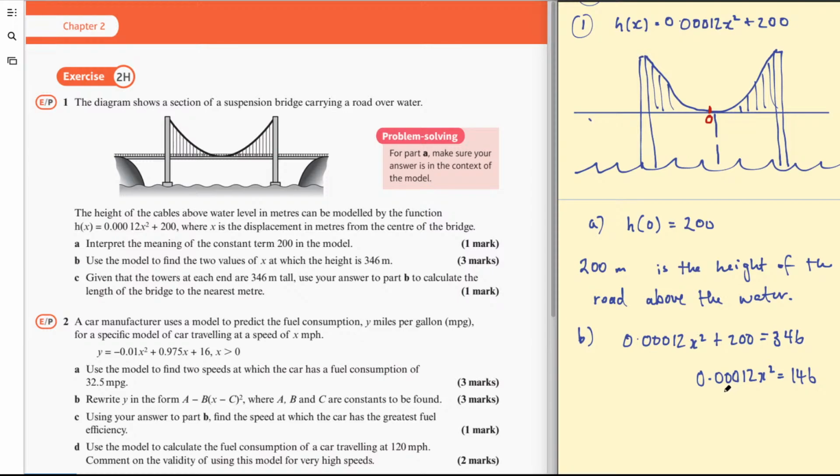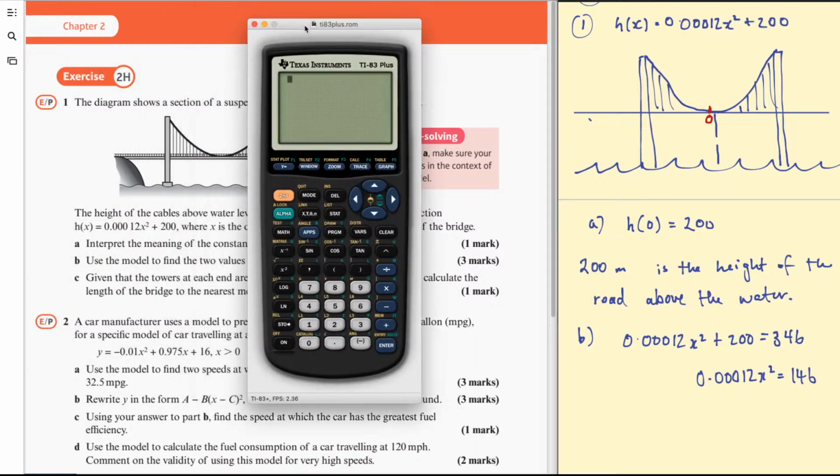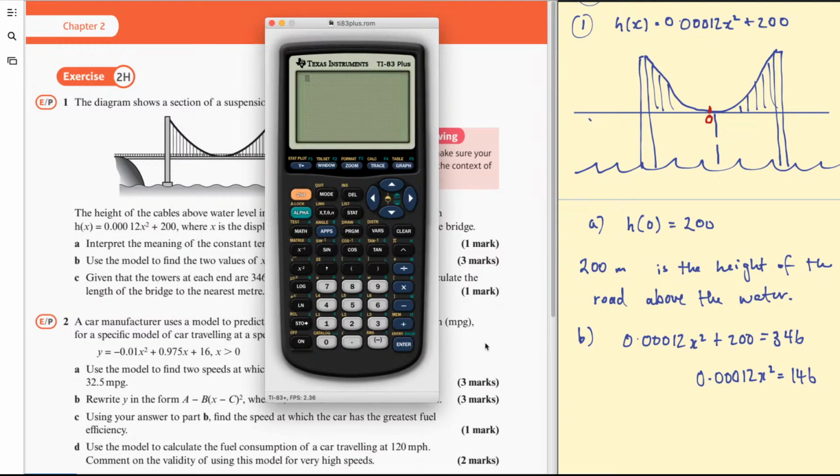We might need a calculator for that. Let's get our calculators out and do 146 divided by 0.00012.